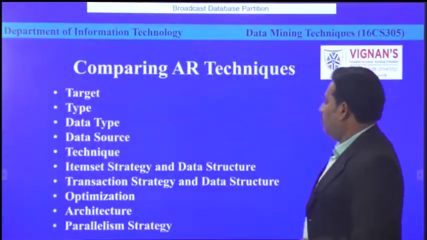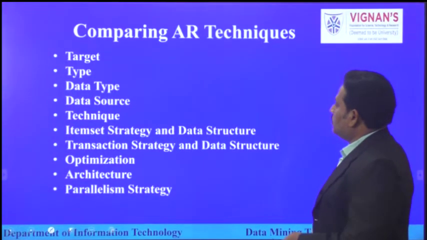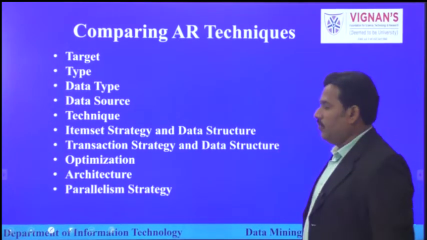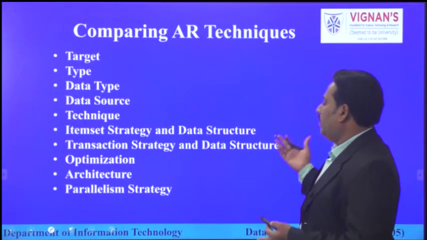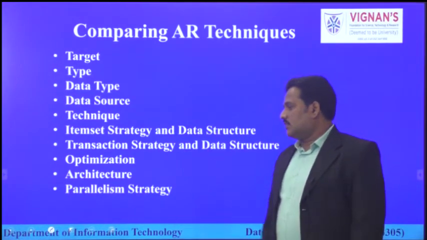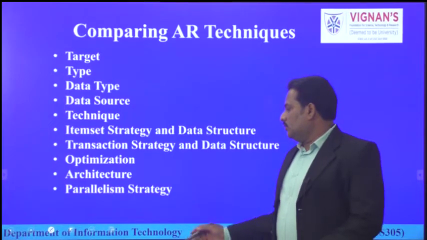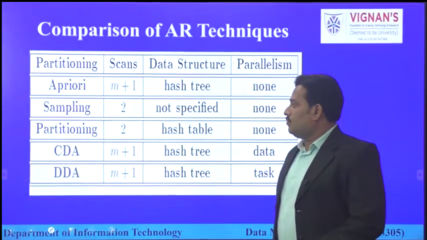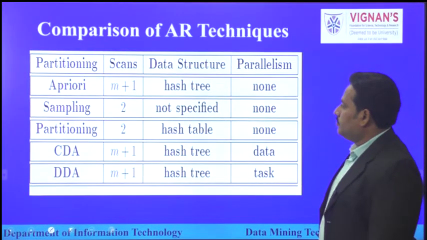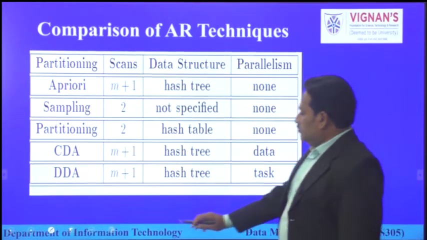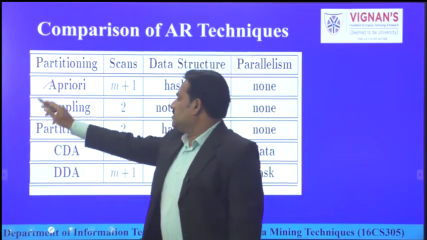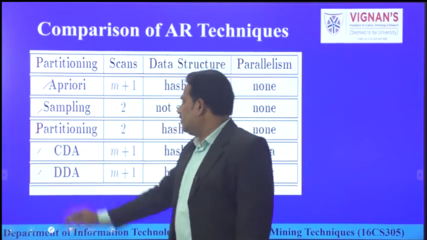Data distribution algorithm. Now these compare all the existing a priori algorithms. Based on the type of data, source of data, and transaction strategy optimization, we can use any one of the approaches. The existing algorithms are a priori, sampling, partitioning, CDA and DDA.